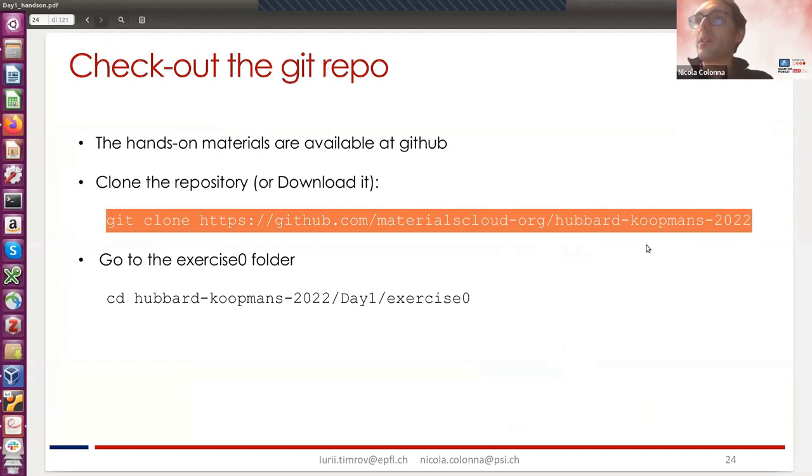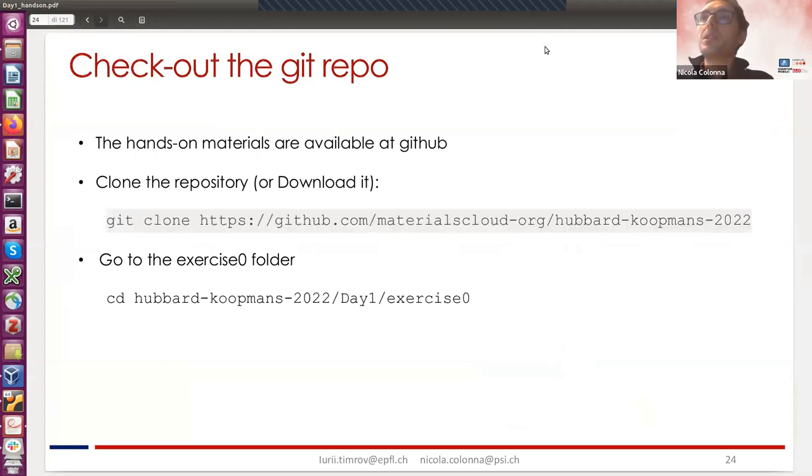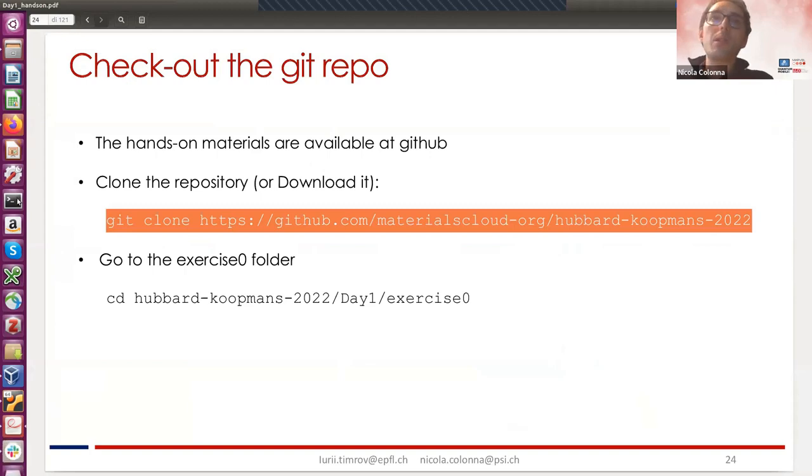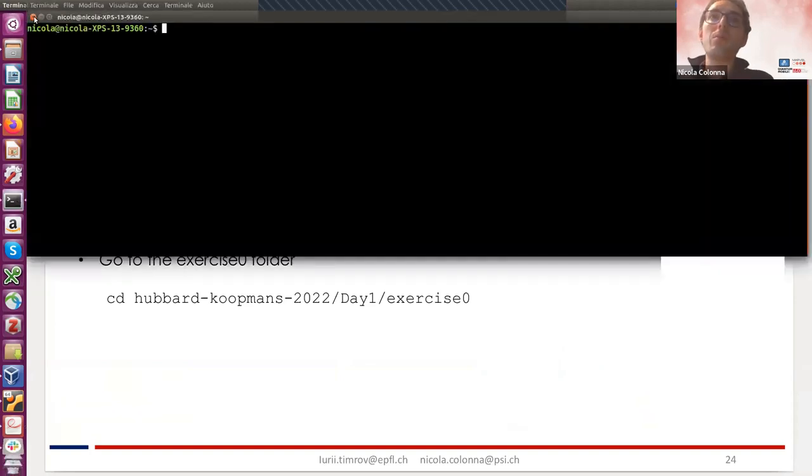So maybe I can put it in the chat. I put in the Zoom chat the command you have to run, but hopefully you already did that.